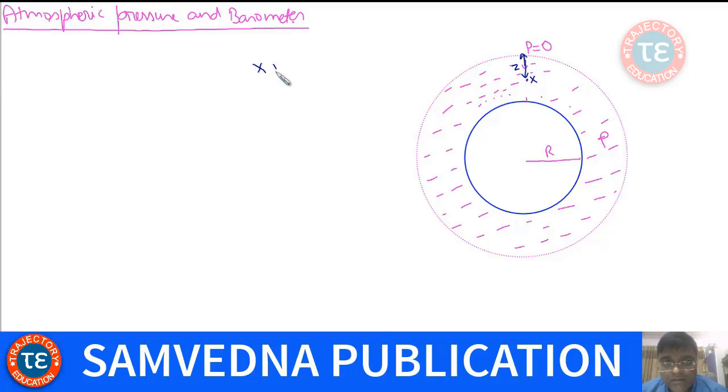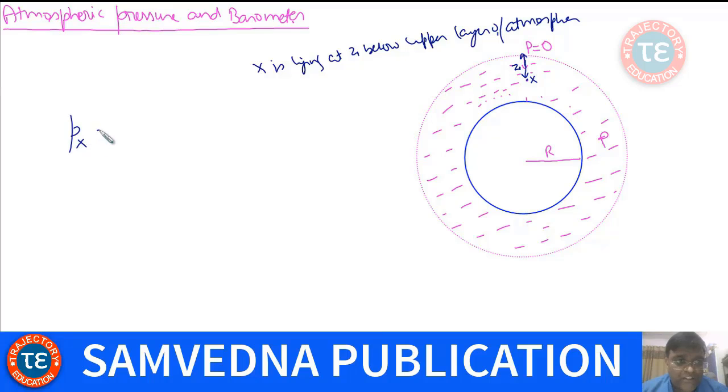Say X is at a distance z1 below the upper layer of the atmosphere.